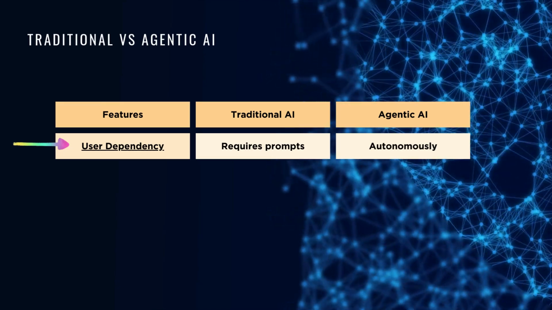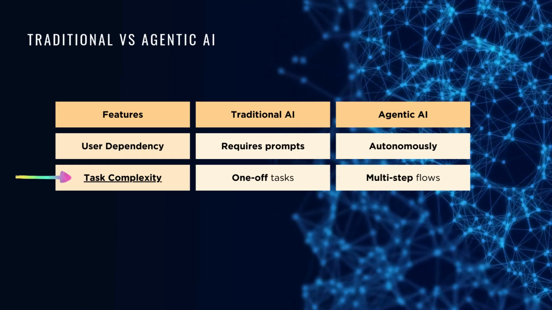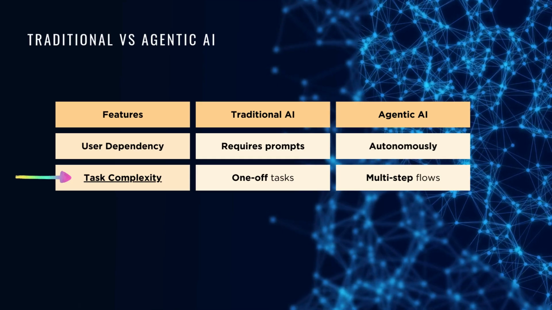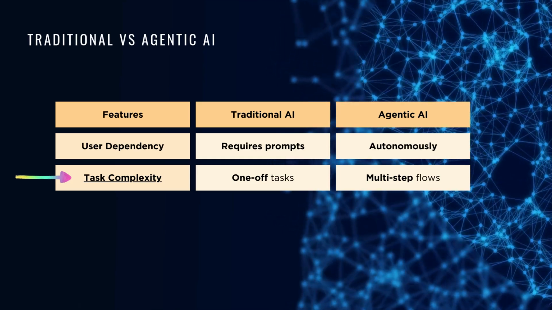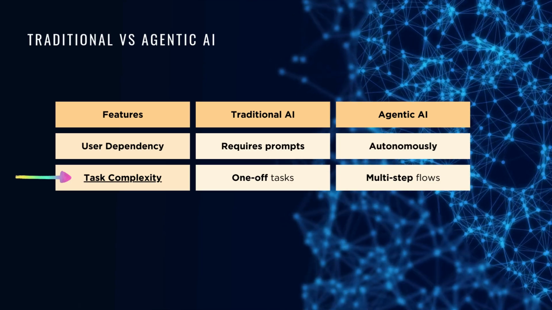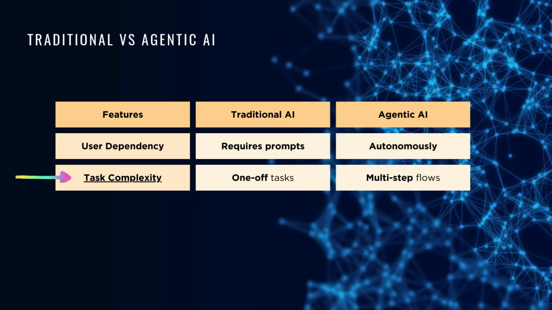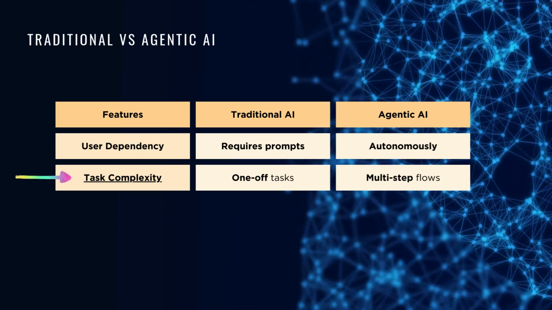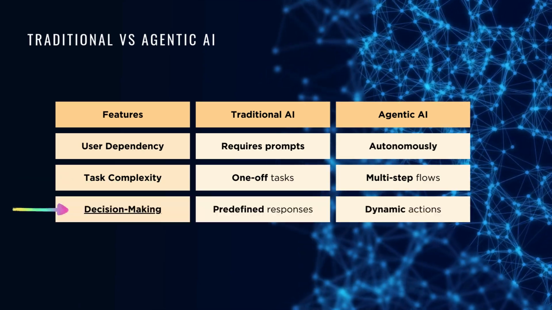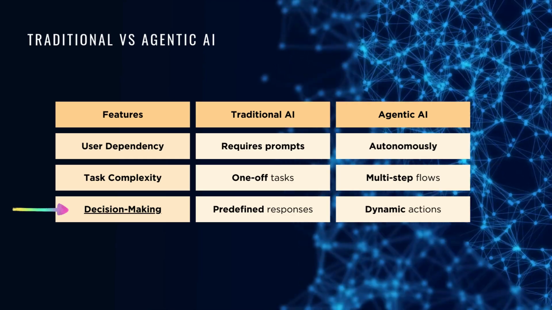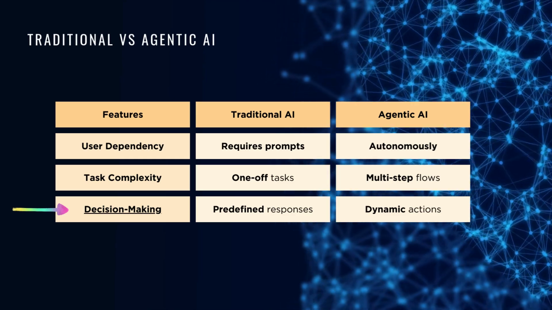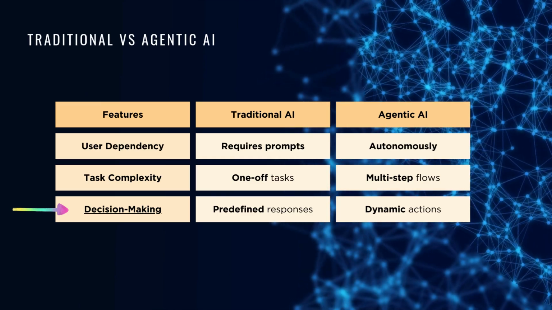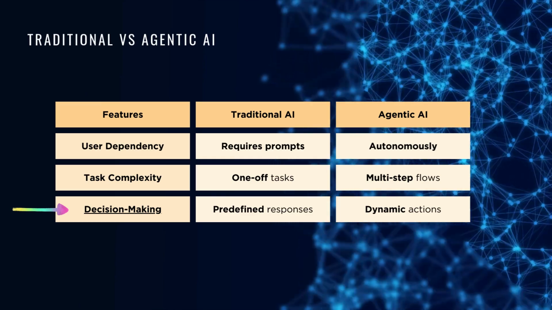In task complexity, ChatGPTs handle one-off tasks, answering, summarizing, whatever has been asked for. Whereas agentic AI handles multi-step workflows: researching, planning, executing, and others. Decision making follows predefined responses in traditional AI, whereas agentic AI adapts, plans, and adjusts actions dynamically.